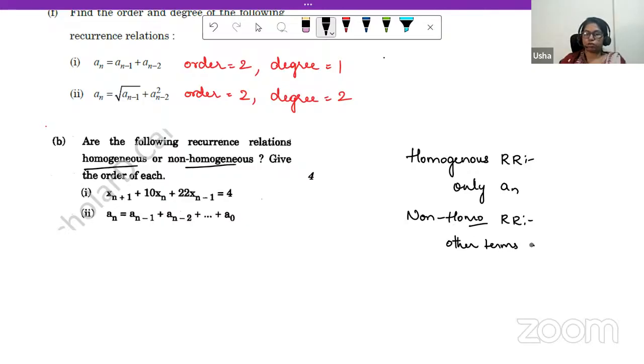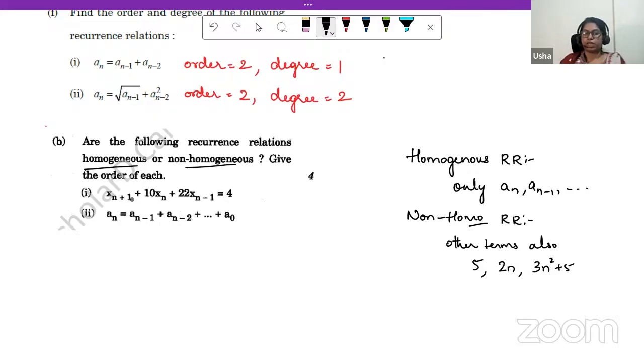So what are these other terms? Can be just a constant, can be some term with n like this. So along with the an terms, when I say an, it can be an minus 1, an minus 2. All these are considered as an only. Non-homogeneous recurrence relations means you will have either a constant or a term with n like this.